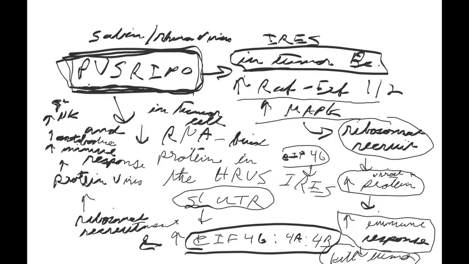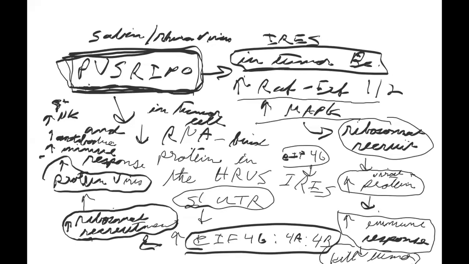And when you have that increased recruitment, that increased binding, then you will increase the ribosomal recruitment, you'll increase the proteins from the virus, and you're increasing the immune response, which are antibodies, natural killer cells, CD8 positive cells, and cytotoxic T cells.